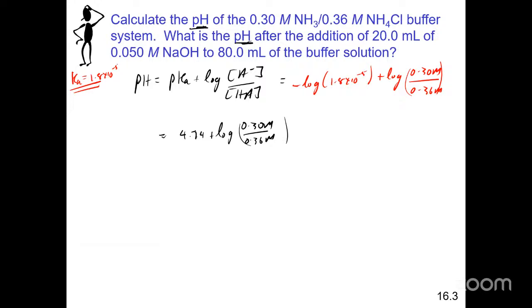So according to my calculation, the pH of this solution, before you add anything to it, is 4.66. Please check and make sure I'm doing the right thing. I think I am. Let me do another recheck.